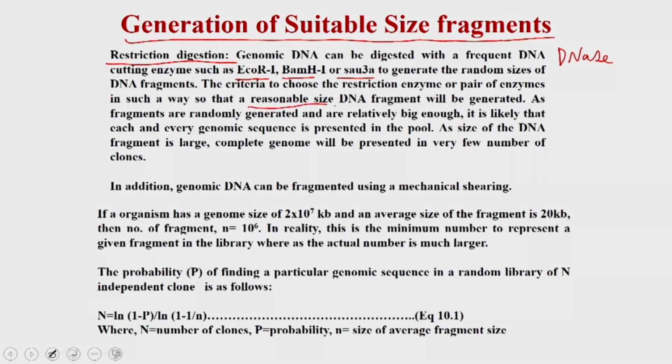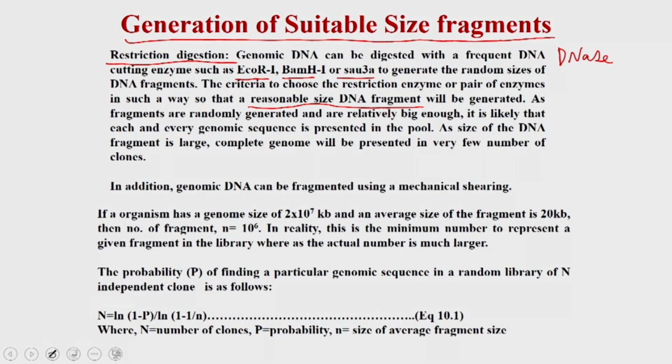Why is it important to have a suitable size? Because, as I said, if the fragment is of very big size, you are going to have multiple genes in it. If you have a fragment of very small size, it will not represent even a single gene. It may have only a fragment of a particular gene.